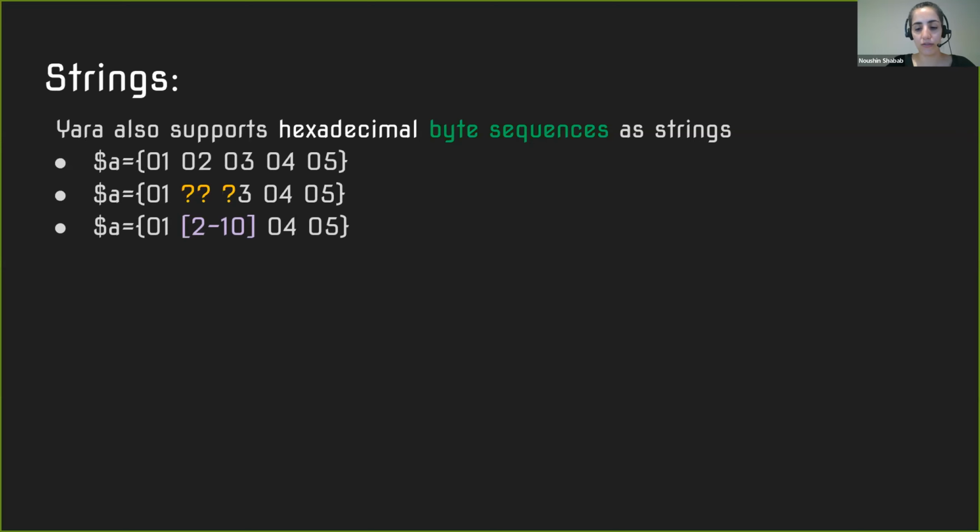This is the size of the substring here. We can also use different options for sequences, like this would actually match 0, 1, 0, 2, 0, 0, 3, 0, 5, or 0, 1, 0, 3, 0, 4, 0, 5. These two options.